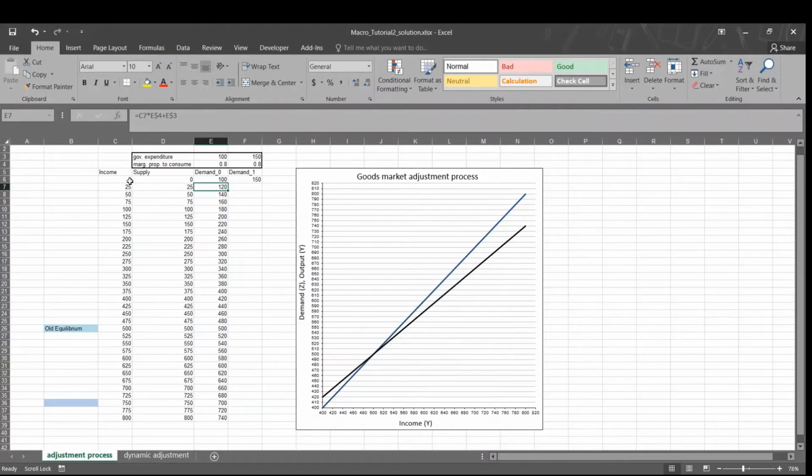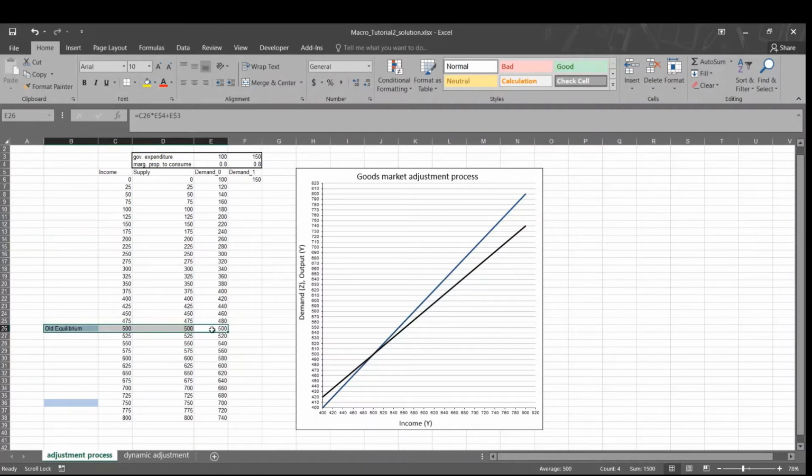So if we keep on increasing our income by 25 units, and if we keep on using this formula for our aggregate demand, at some point we would reach an equilibrium where supply is equal to demand, or income is equal to demand, which is equal to 500.